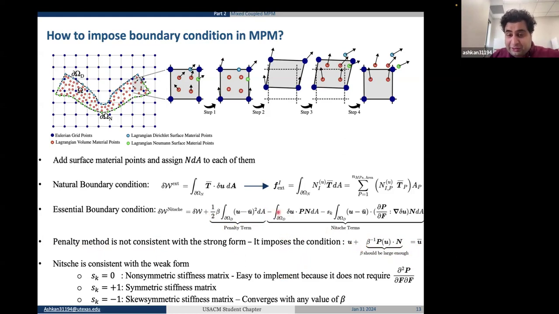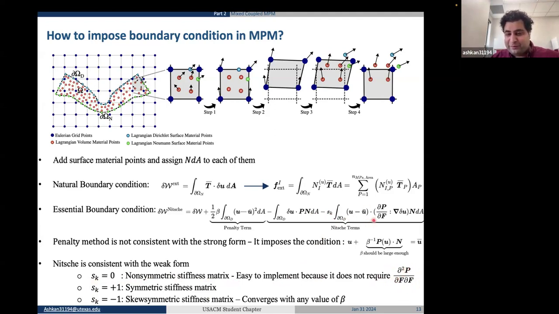To resolve this issue, these two terms are added to the weak form, which is a traction term here, and also this term, which is the other derivative, and Nitsche has this value of s_k. If it is 0, you will get a non-symmetric stiffness matrix, but it's very easy to implement because it doesn't require you to calculate this 6th order tensor.